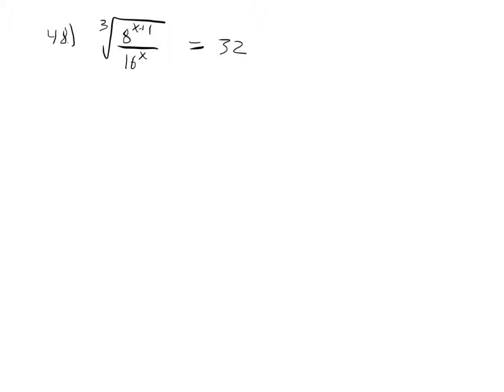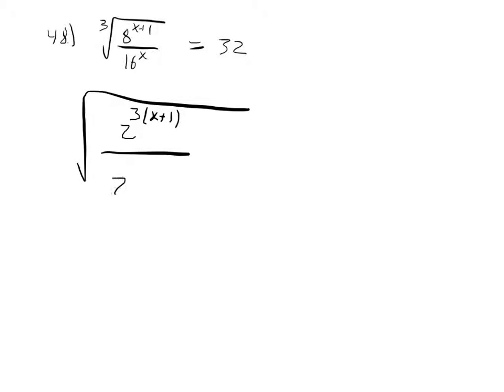Okay, so this is number 48. I'm looking inside that cube root, and I'm seeing I've got a 2 cubed and a 2 to the 4th for the 8 and the 16. So I'm actually going to go ahead and work just inside the cube root for a minute here. And so I've got 2 cubed to the x plus 1 over 2 to the 4x equals the cube root of 32.